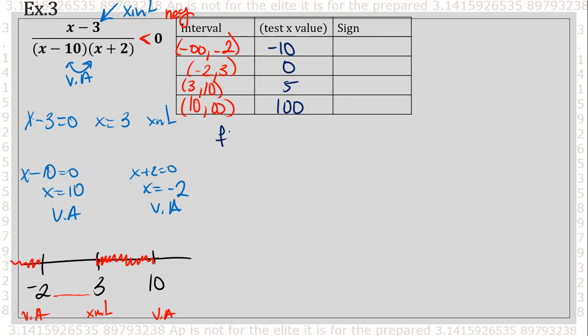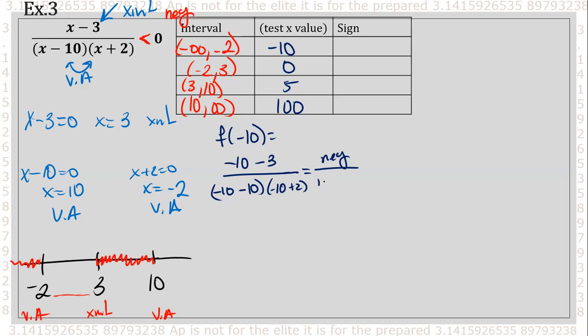So the function at negative 10, is that gonna be positive or negative? Well, let's find out. Negative 10 minus 3, divided by negative 10 minus 10, times negative 10 plus 2. According to this, I got a negative on top divided by a negative times another negative.